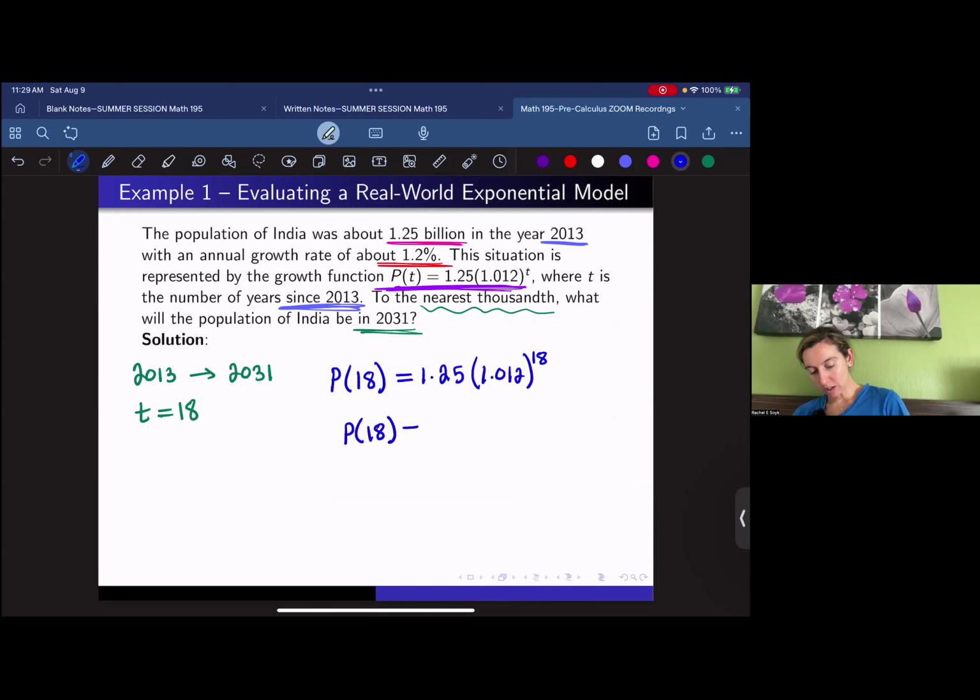Now we're just going to use our handy dandy calculator to get that approximation to the nearest thousandth. So 1.012 raised to the 18th times 1.25. Did I do that correctly?